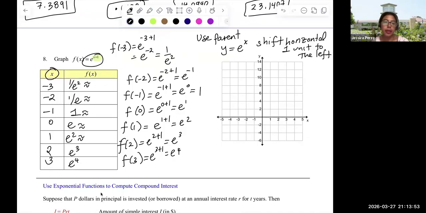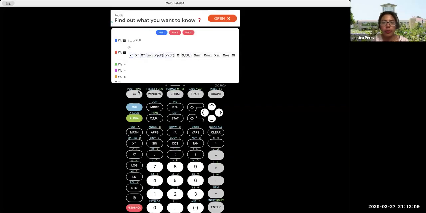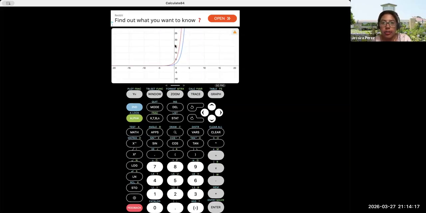So we begin by going to our calculator again. And I'm going to hit y equal. I'm going to erase everything. And then I'm going to graph both equations, the parent function, e raised to the x, and then I have e raised to the parentheses x plus 1. And then I'm going to plot both of those and see you're shifting.